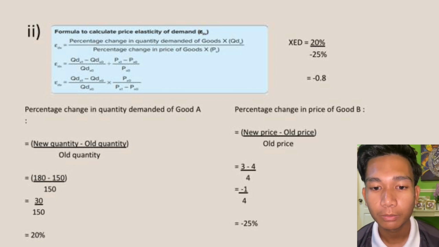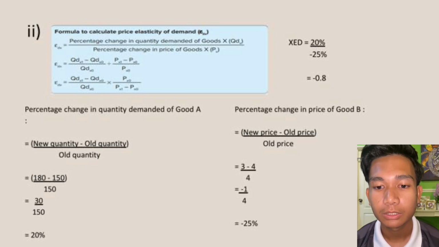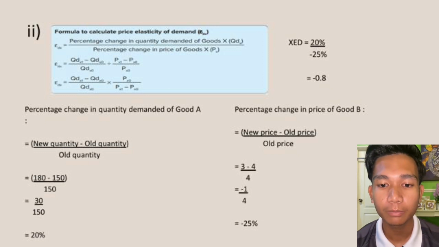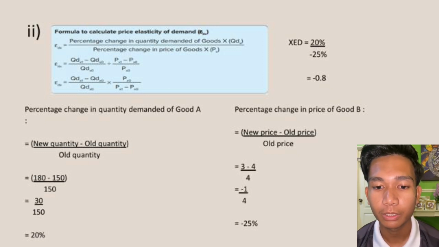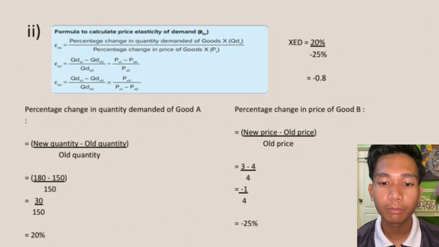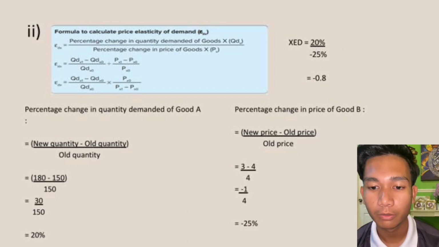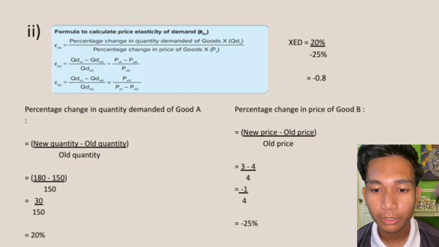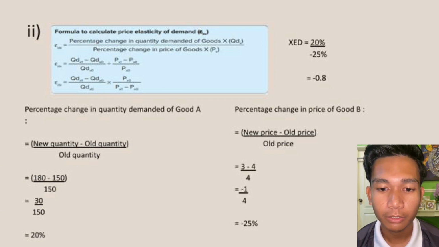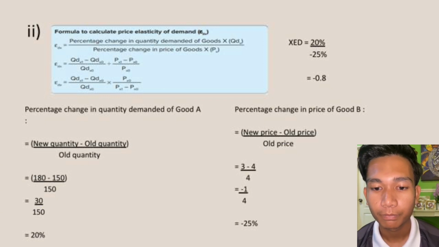The answer 20% stands for the percentage change in quantity demanded of good A. So we move to the next step to find the percentage change in price of good B. We use the formula: the new price minus the old price, divided by the old price. The value is 3 minus 4 divided by 4.